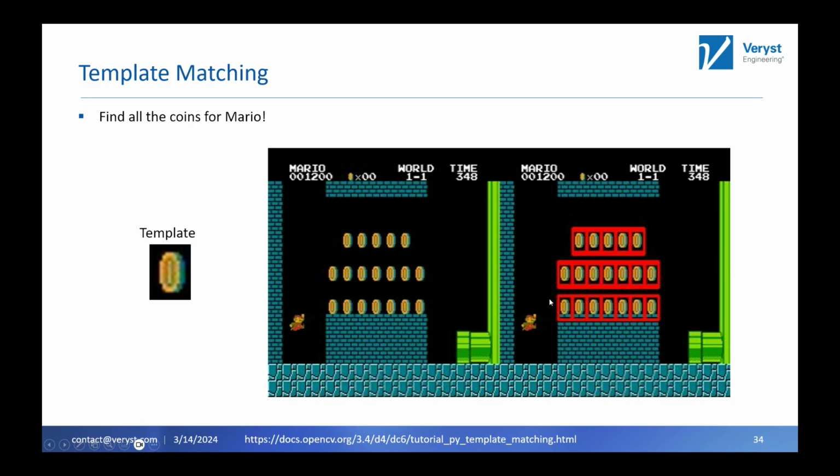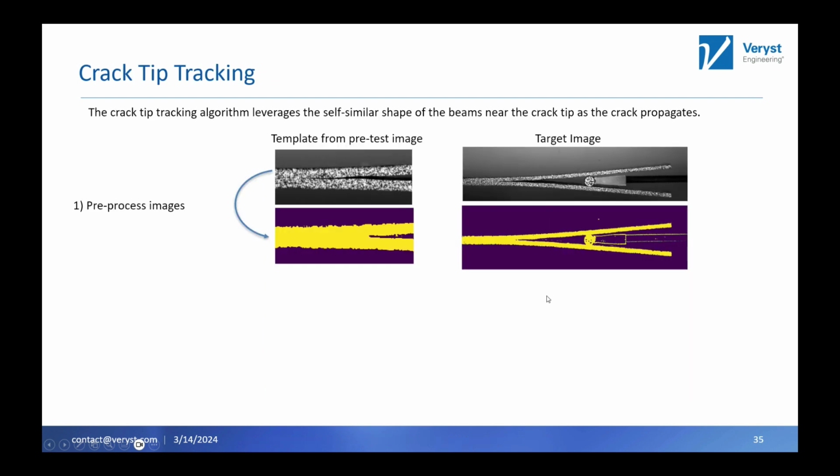How do we actually apply this to our wedge-loaded impact DCB specimen? What we're going to do is leverage the self-similar shape of the beams near the crack tip as the crack propagates during the test. So as our template, we take our pre-test image and select the area near the crack tip.